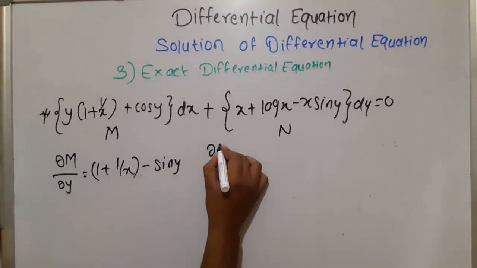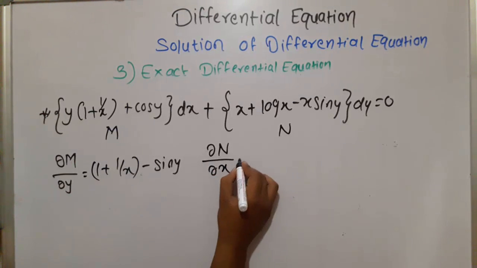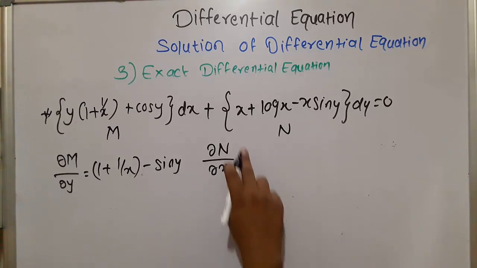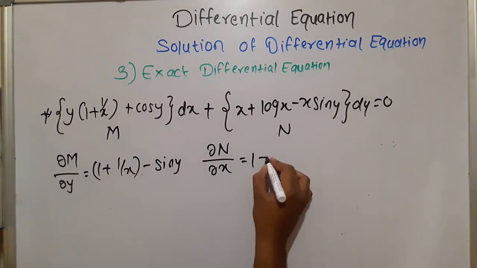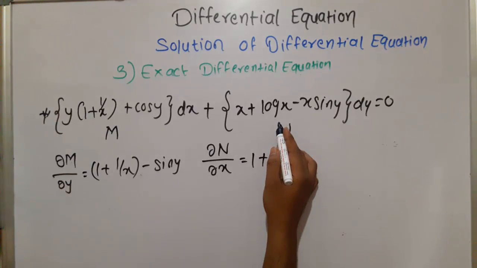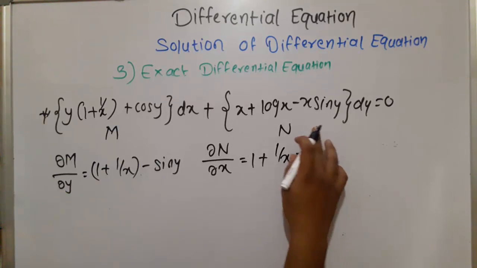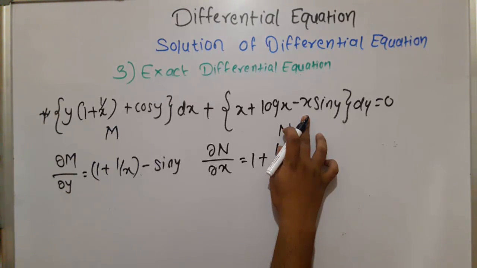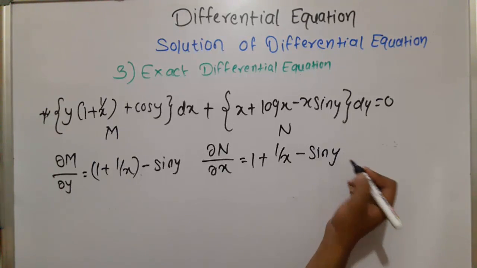Now the partial differentiation of N with respect to x will be the derivative of x, which is 1, plus the derivative of log x, which is 1 by x, minus the derivative of x sin y, which is sin y.